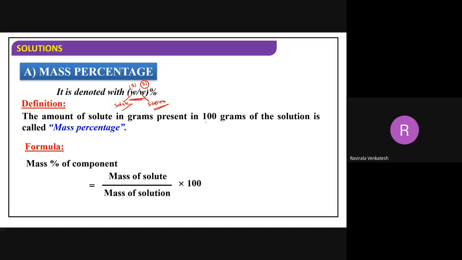If I take 100 grams, the 100 gets cancelled, and we get the amount of solute in grams, which is nothing but the mass percentage.